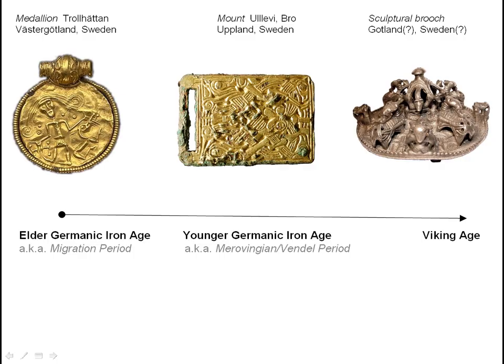Vendel is a fine place where they have found important artifacts belonging to this period. And to the right you see a circular brooch that supposedly is found on or in the island of Gotland, and that stands in for everything Viking Age, which we will see in a little while.